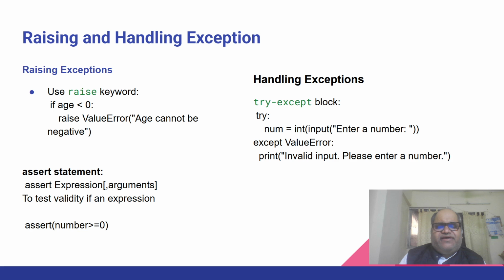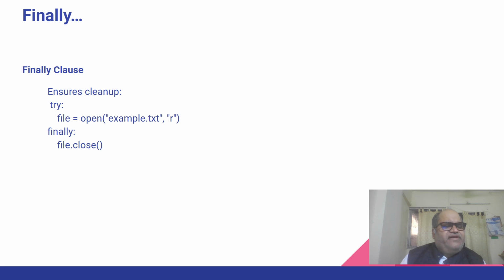Whenever, for some reason, the flow doesn't reach the except, it will definitely reach something called finally. As you saw here, try, and then you can have one or more except, and you can eventually have a finally.